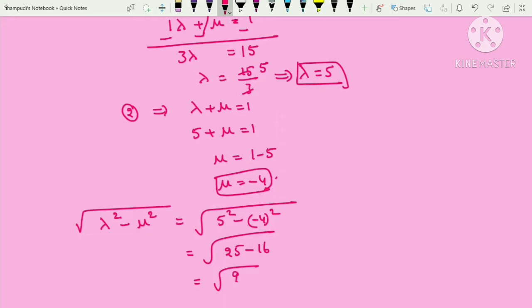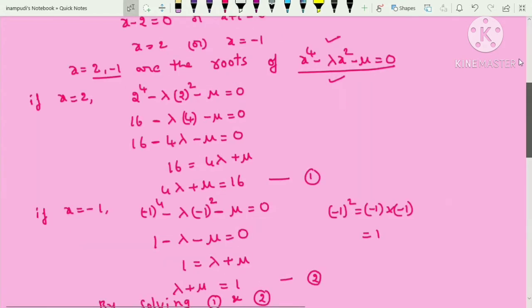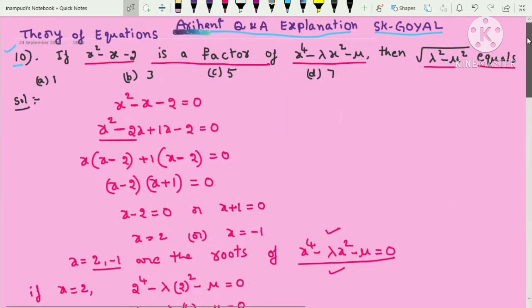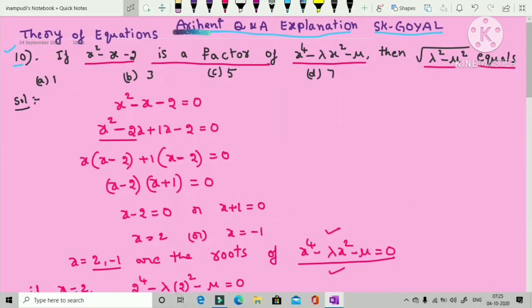Root 9 is equal to 3. Answer is 3. Option B is correct.